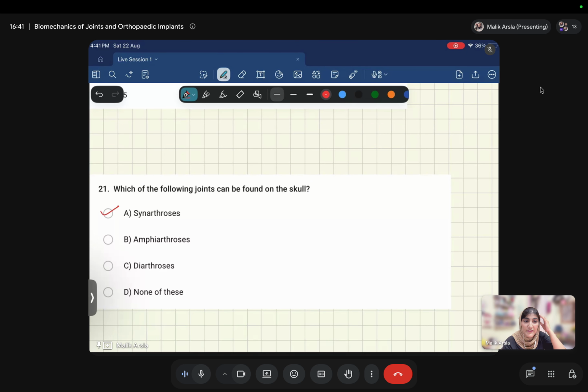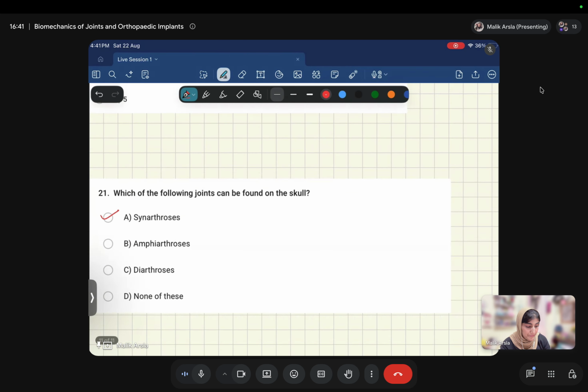We can barely feel that there are different bones. It feels like a single structure. Why? Because the bones in our skull are mostly immovable, and the immovable joints are known as synarthrosis joints.